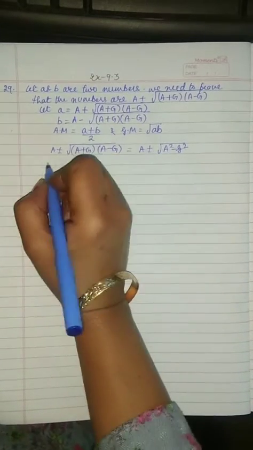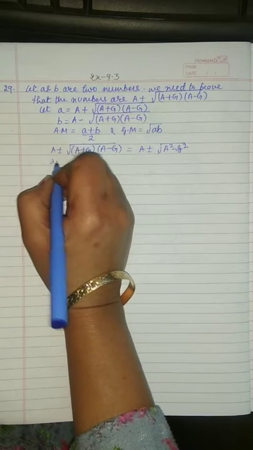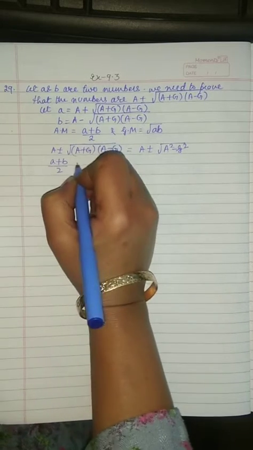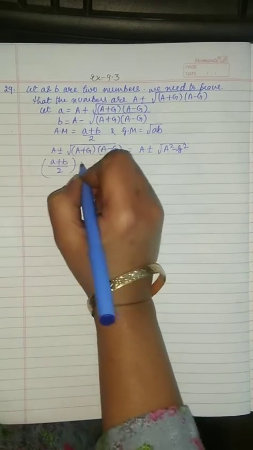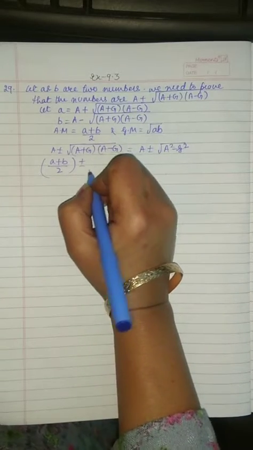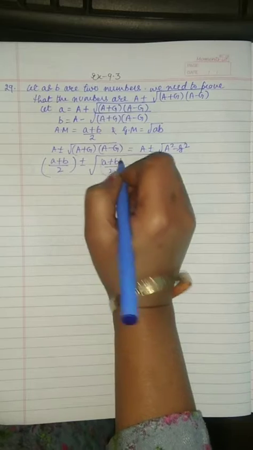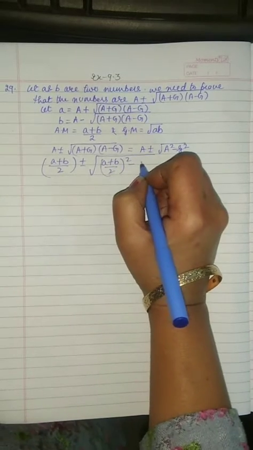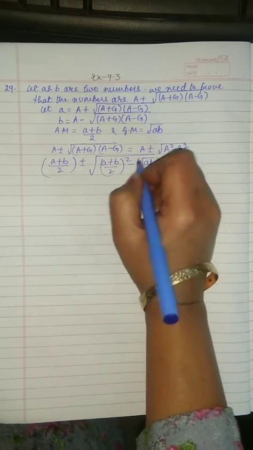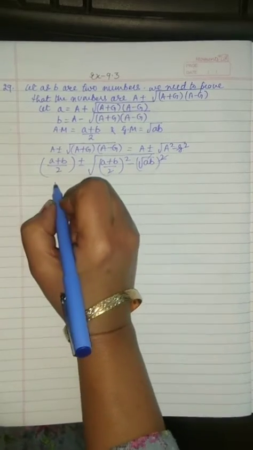So it will become, we have A is (a plus b) by 2, then plus minus under root ((a plus b) by 2) whole square minus (under root ab) whole square. So square and under root will cancel.